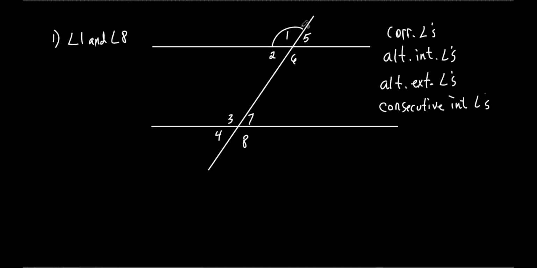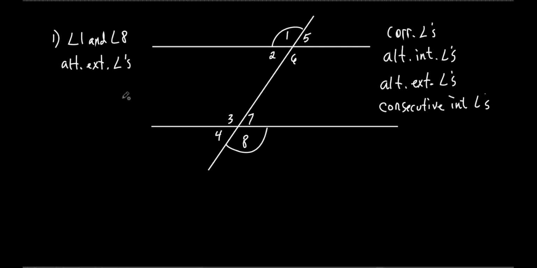Here's angle 1, here's angle 8. They're on opposite sides of the transversal, so they're alternate, and they're exterior. They're on the outside of these 2 lines. So they're alternate exterior angles. So you got one right.